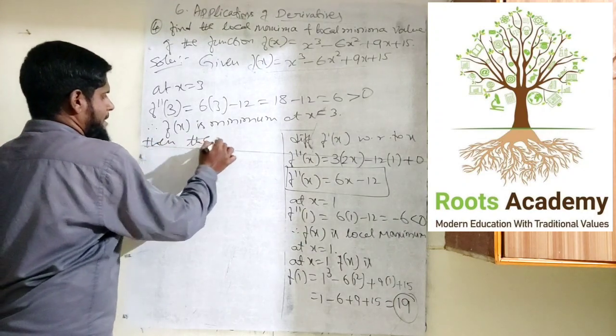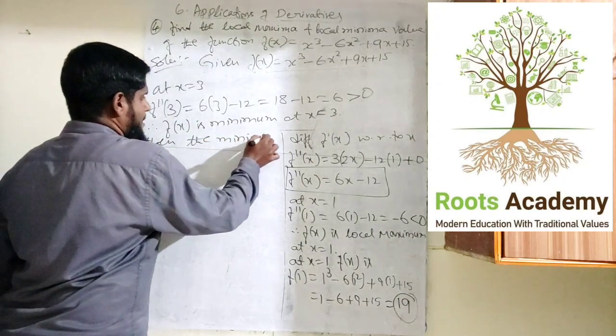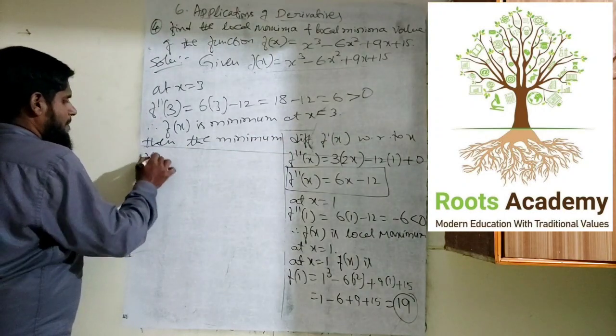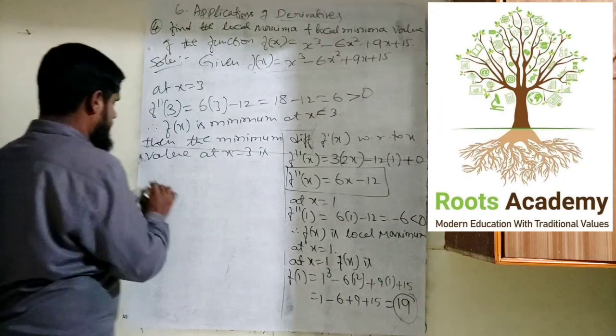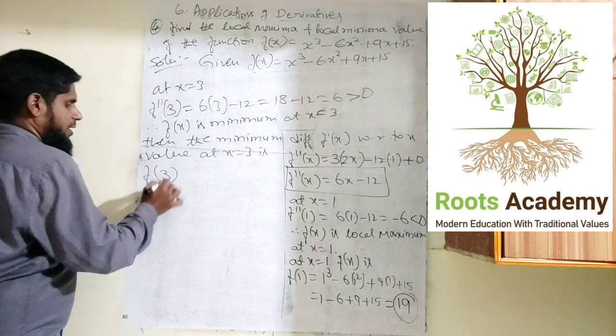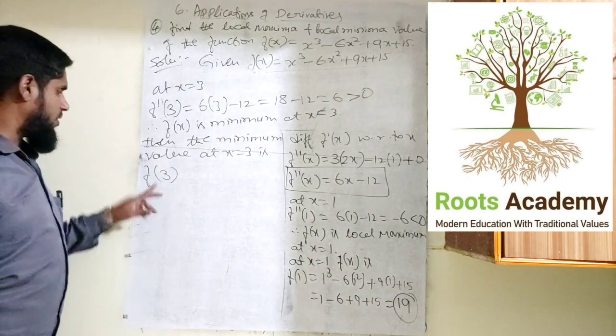Then the minimum value at x equal to 3 is, in f(x) I should put x as 3 now.